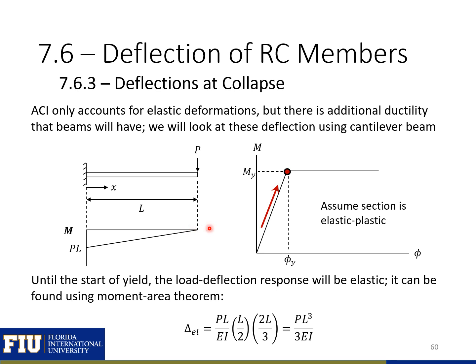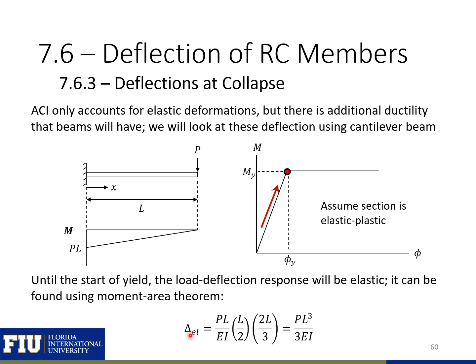We're going to assume in this initial explanation that we have elastic plastic behavior, where in our plastic behavior we have a moment equal to My, which starts at a yield curvature phi sub y. And until the start of yield, our load deflection response is going to be elastic.